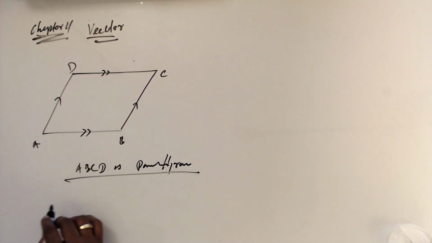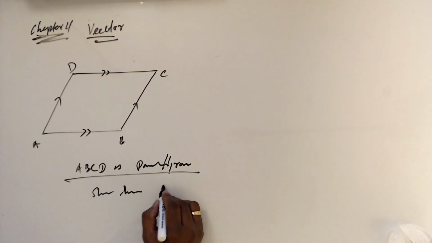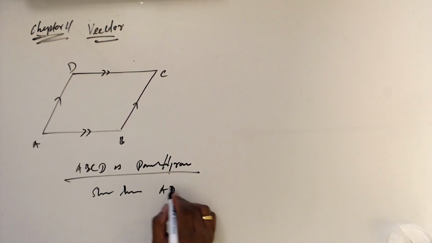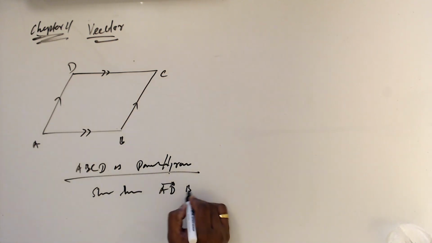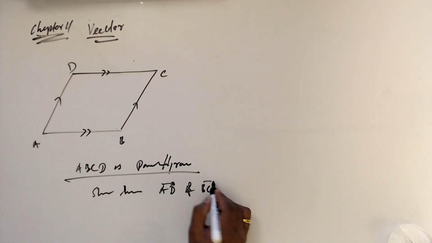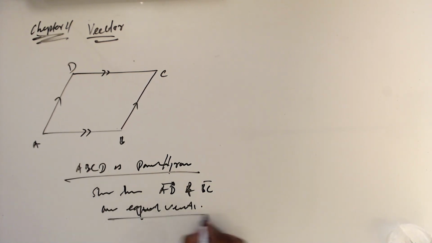It's a parallelogram, and show that AD and BC are equal vectors. So how do you show AD and BC are equal vectors?